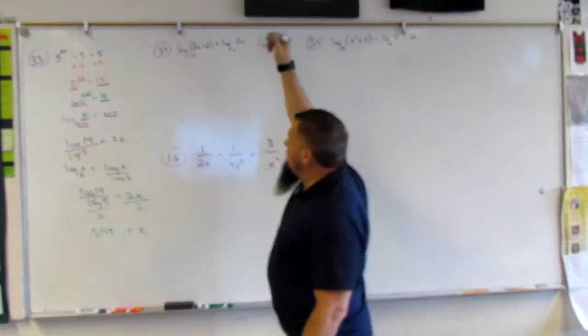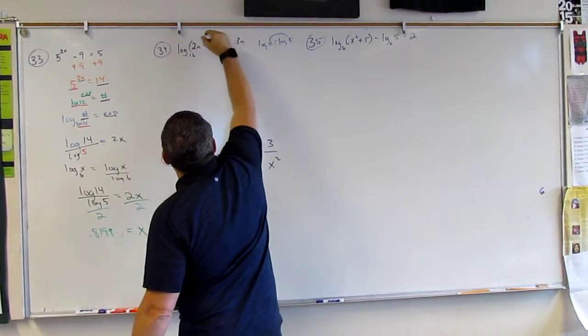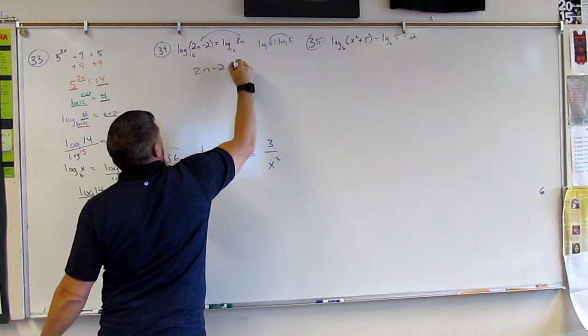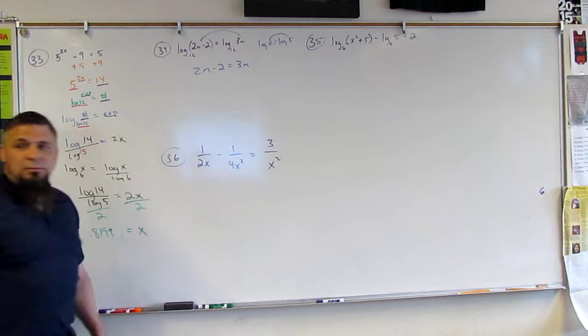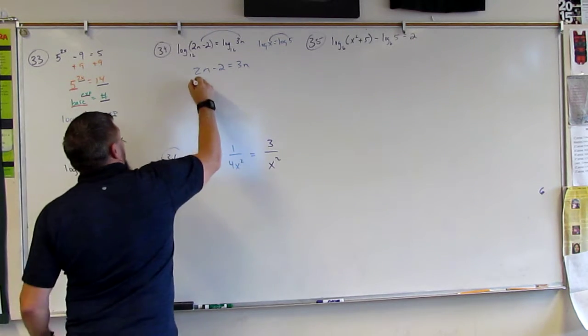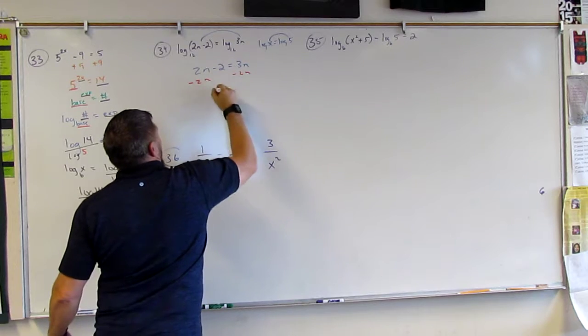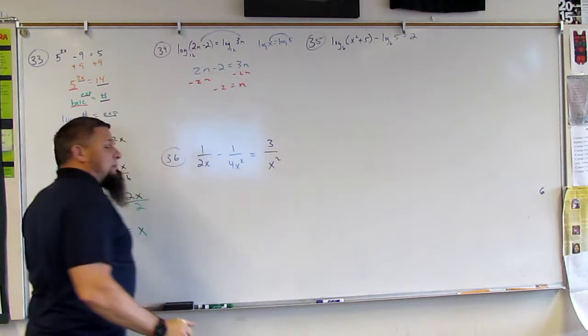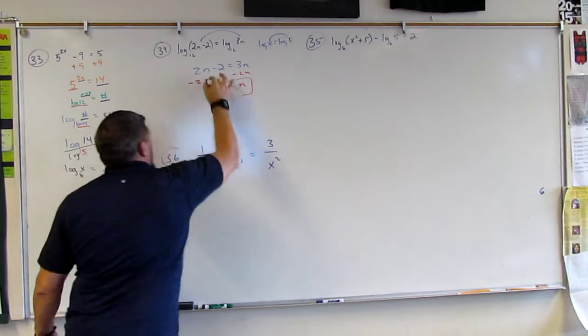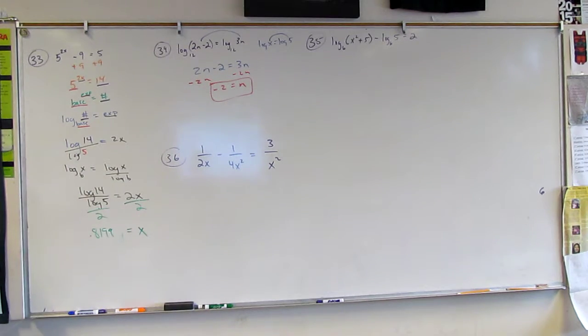Same thing here. These have the same base, so these have to be the same. So 2n minus 2 must equal 3n. It's just algebra. Minus 2n on both sides, negative 2 equals n. Oh, I'm done.